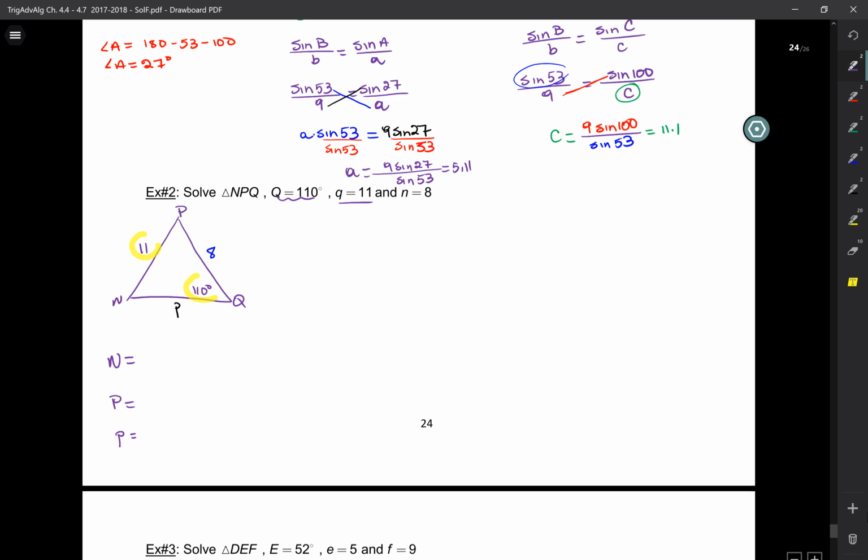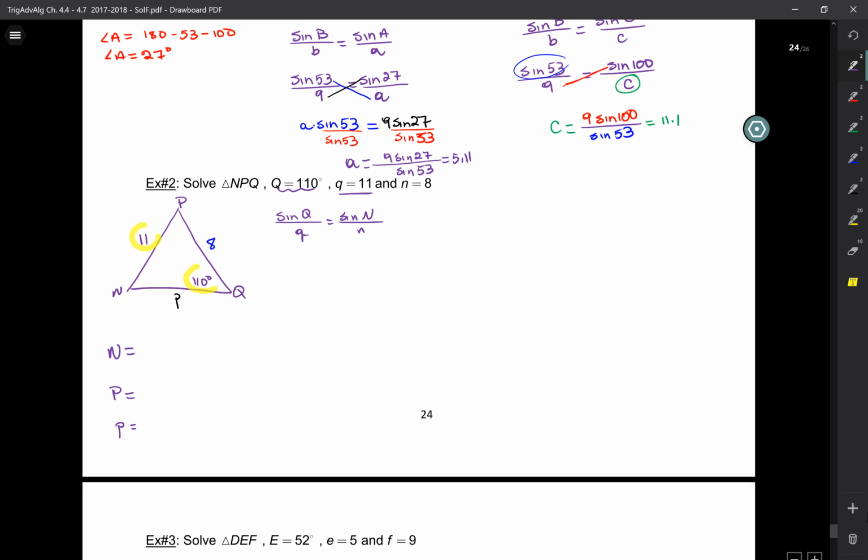So we're going to start with that, and we're going to say, all right, sine of Q over little q is equal to, now let's decide which one we want to find. So take a look at P. Both of the pieces for P are missing. That's not a good starting point. N, we have one given and one missing. That's a much better starting point. So we're going to do sine of N over little n. So now, this is going to be sine of 110 over 11 equal to sine of N over 8.